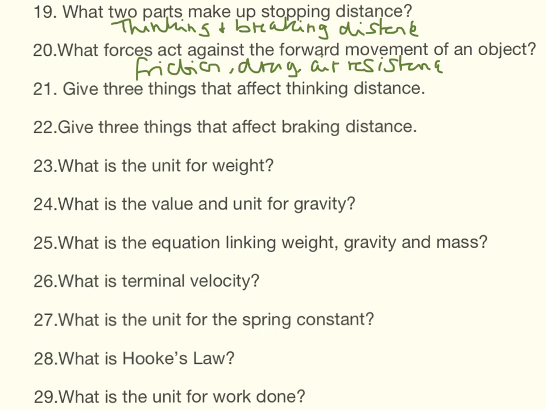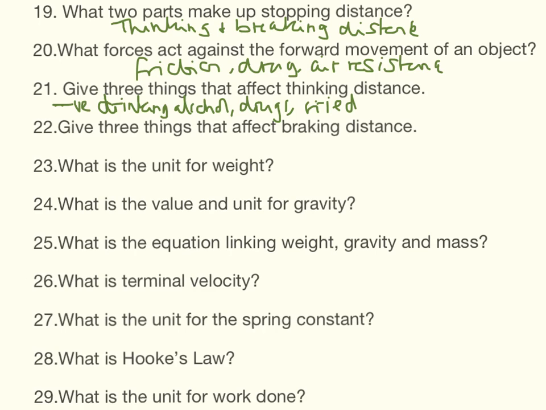Give 3 things that affect thinking distance. So you should always say whether they positively or negatively affect thinking distance. So things that are going to be bad for thinking distance is going to be drinking alcohol, taking some drugs, or being tired.